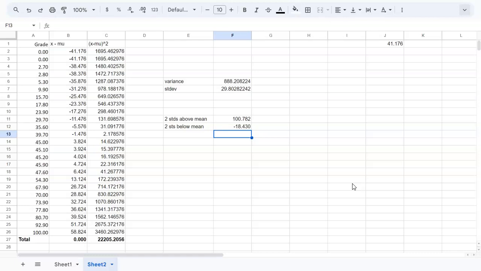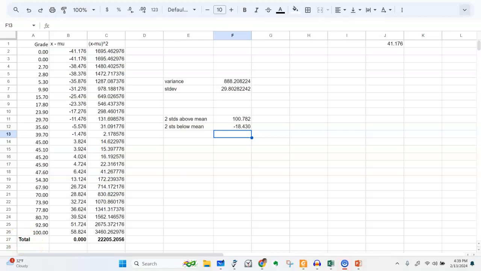Find the average of your data, subtract each data point from that average, square that difference, sum all those squared differences up, divide by the population or the sample size minus 1, and then take the square root. And those are the steps for doing the standard deviation.